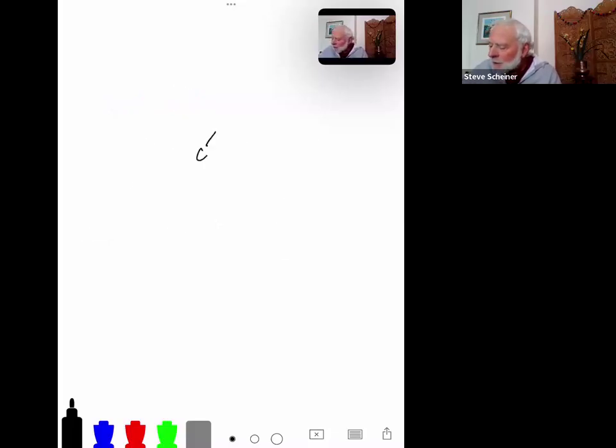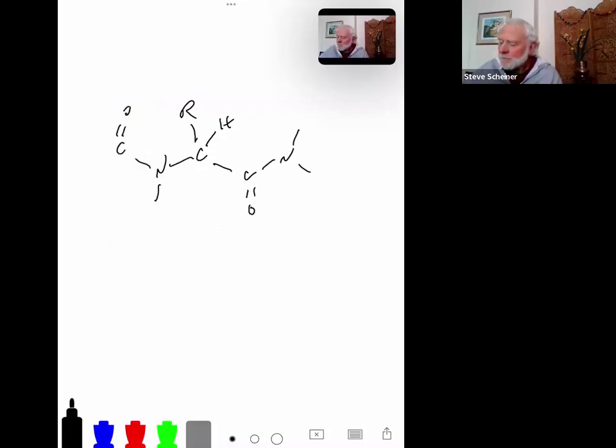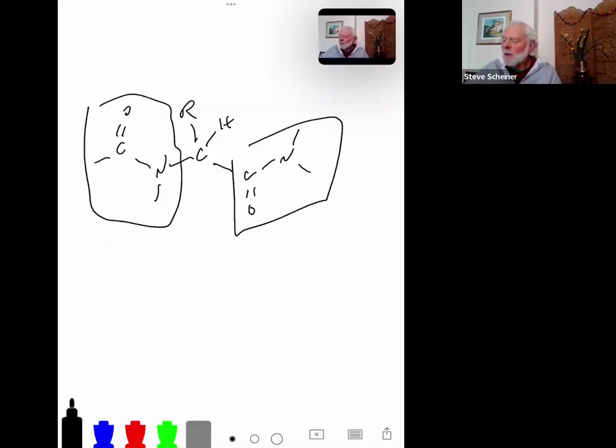Here is a typical amino acid. So these are peptide groups, as would occur in a protein. These are suckers of electron density.